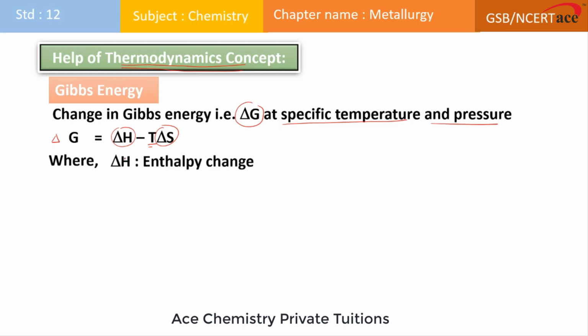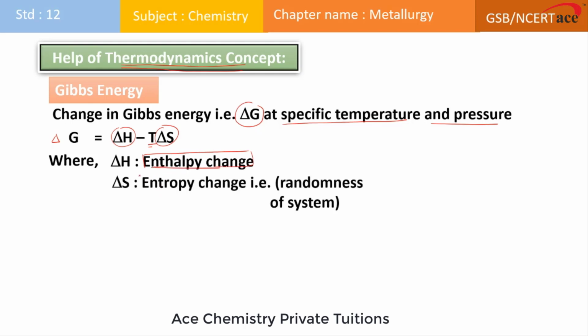So delta H indicates the enthalpy change of the system, and delta S is referred to as the entropy change of the system. There is a difference between these two terms, students. Delta H we refer to as the enthalpy change of the system, and delta S as the entropy change of the system.